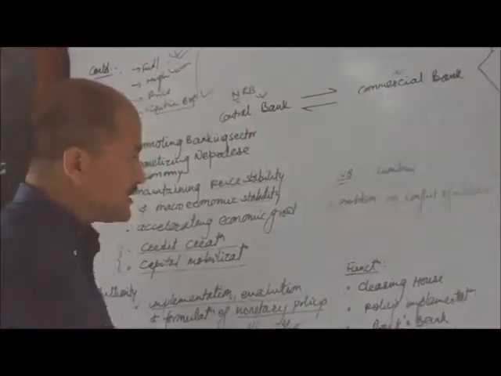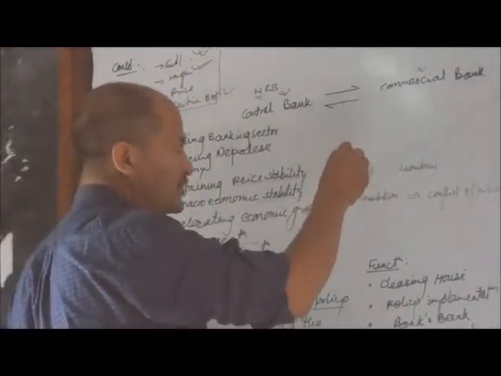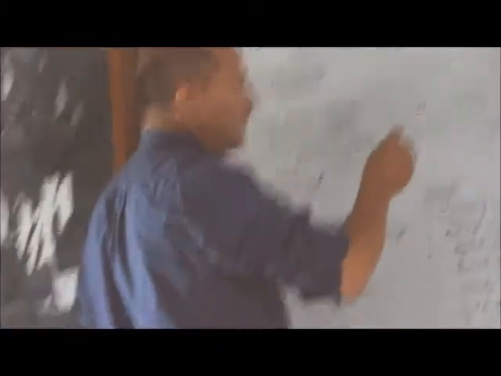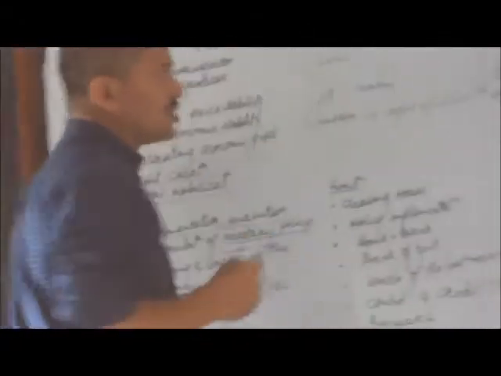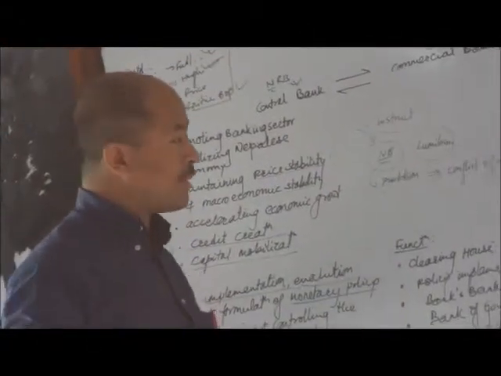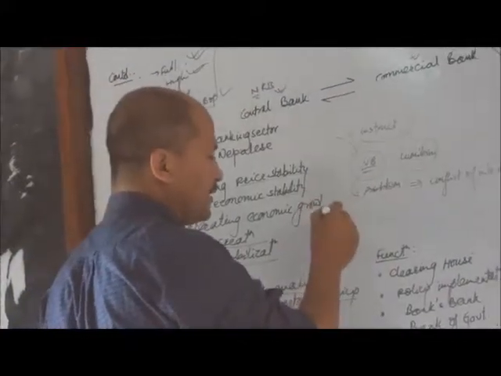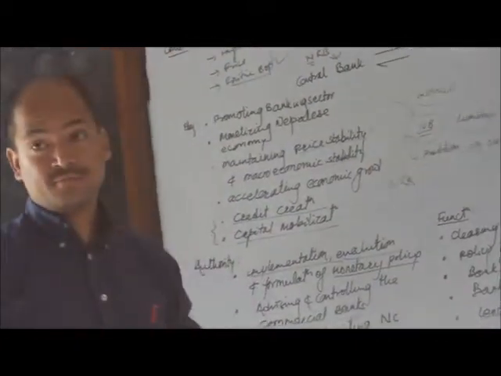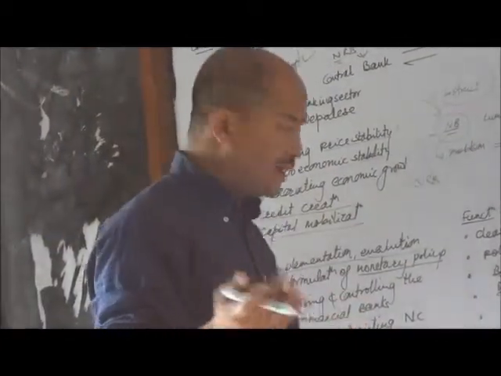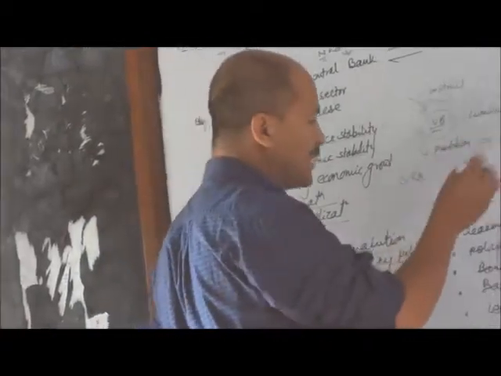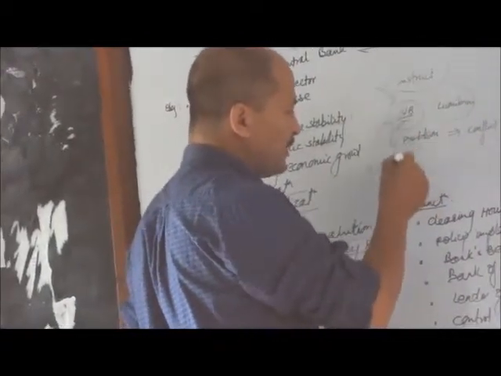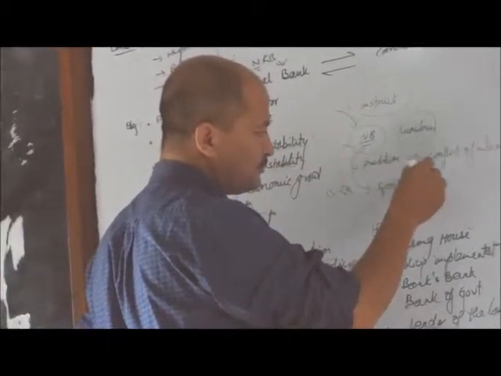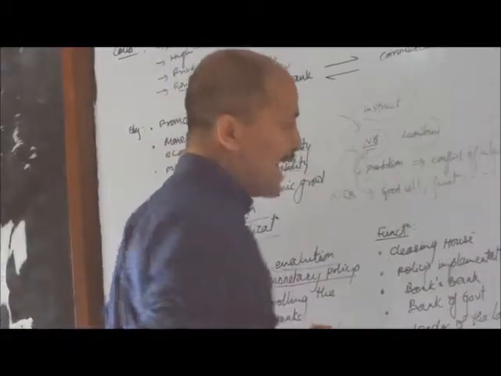What happened? The central bank first of all instructed, and that instruction was not effective properly. What happened? The central bank, NRB, took the management for a certain time period, and after that tried to improve its goodwill, function, and other different types of activities.